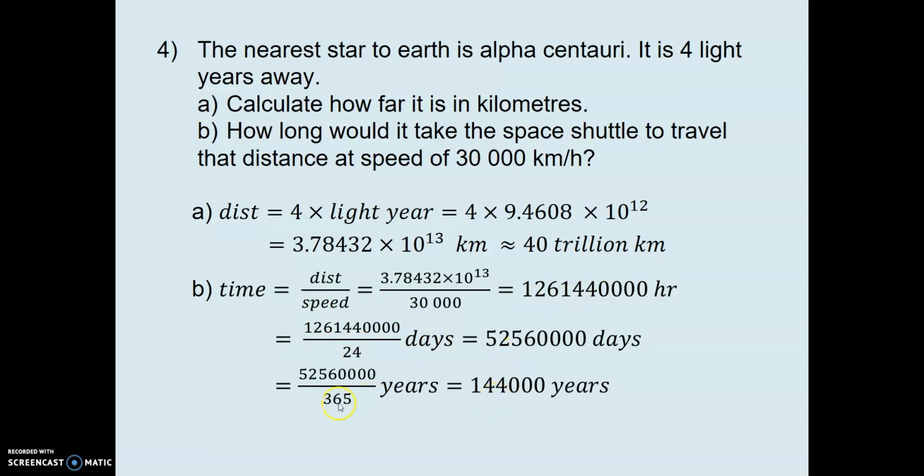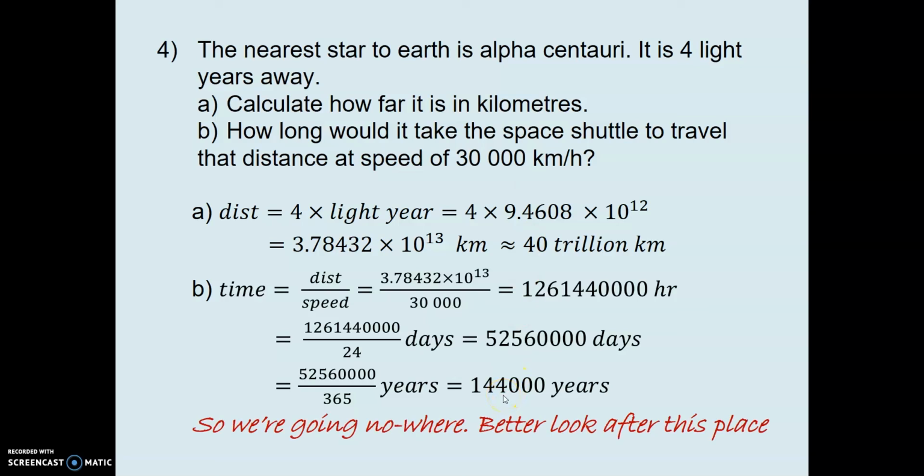And if we divide it by 365 days, we end up with 144,000 years to travel in the space shuttle, the fastest vehicle humans have ever made. It would take 144,000 years to get there. So we're going nowhere. We better look after this place.